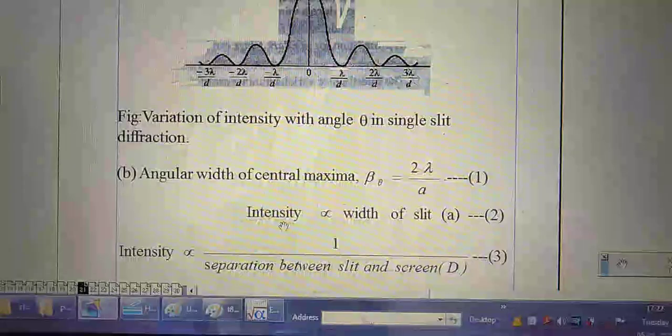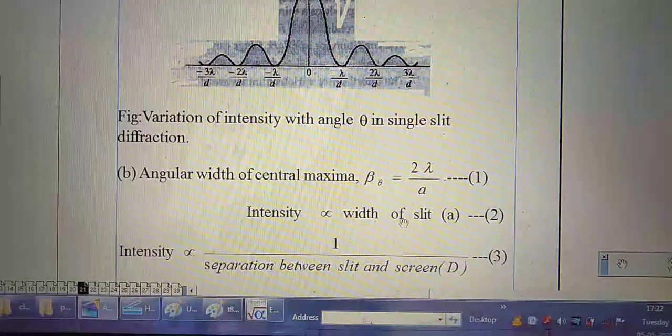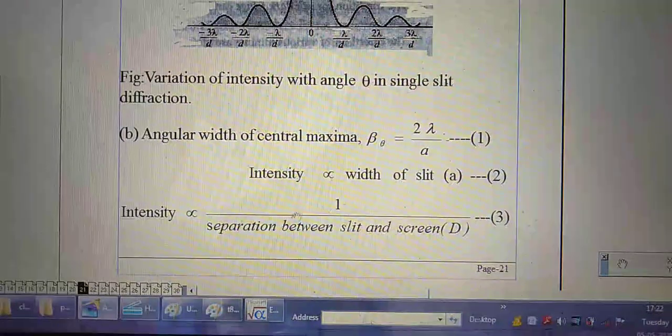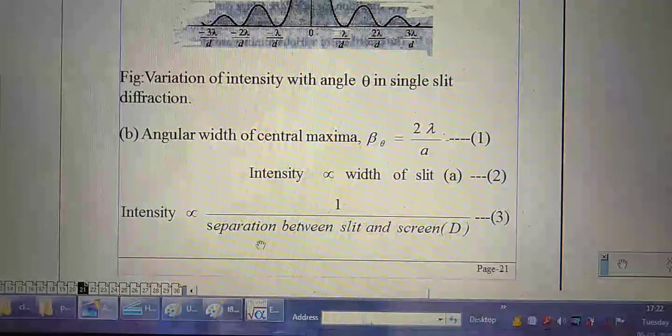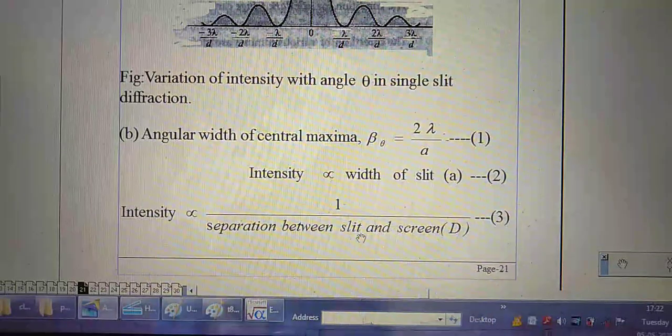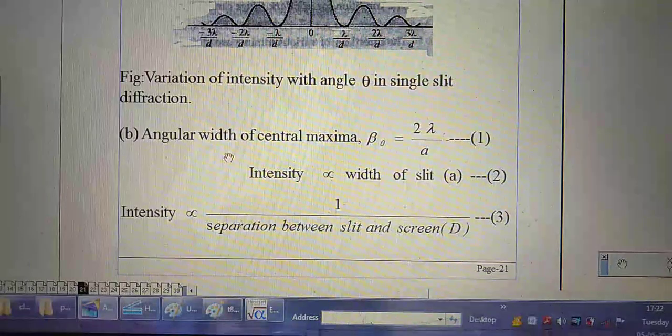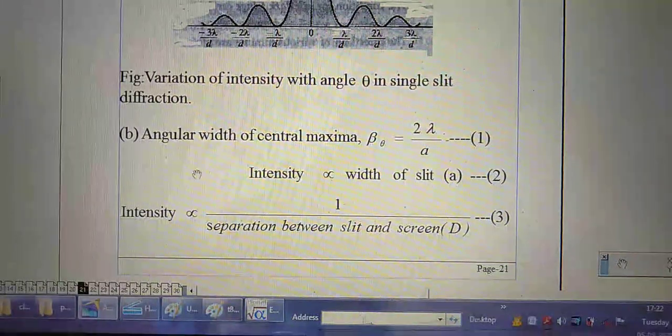Again, we know that intensity is directly proportional to the width of the slit a. Also, intensity is inversely proportional to the separation between slit and screen. These are the facts you have to remember to solve this one.